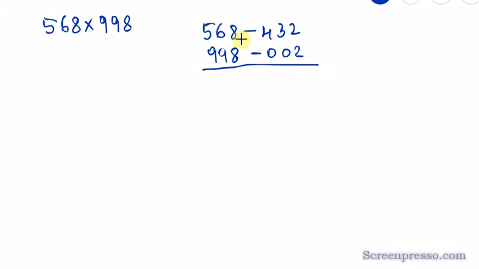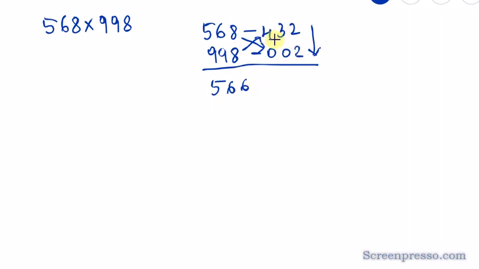Then we will perform cross subtraction, then vertical multiplication. So here 568 minus 2 is nothing but 566. Then 998 minus 432 is also 566.